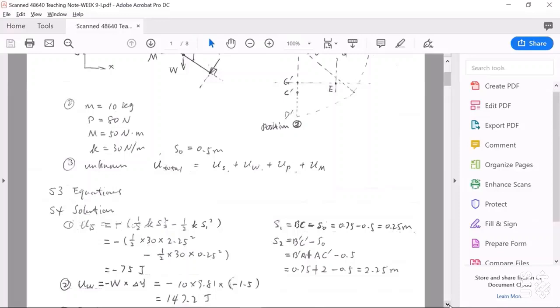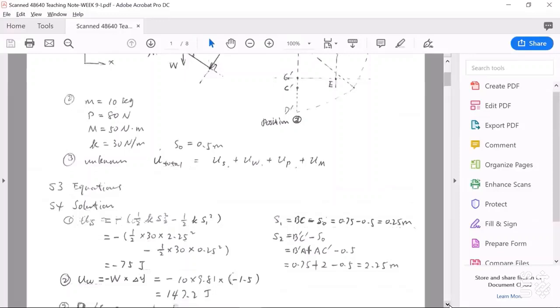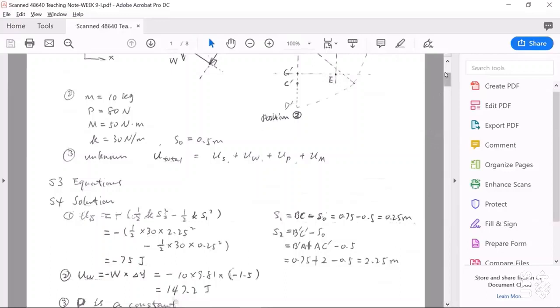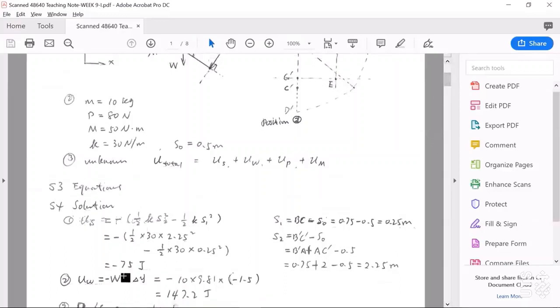Okay, the second one is the work done by the weight force. The equation is negative W times delta Y. Delta Y is equal to Y2 minus Y1.